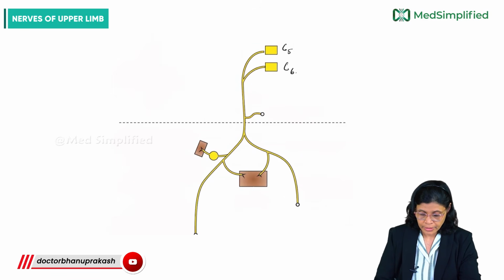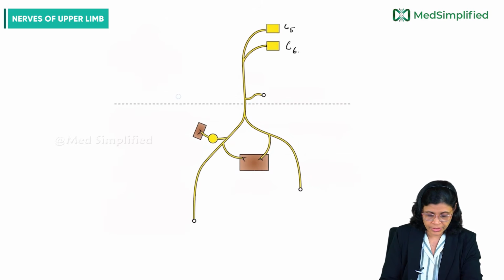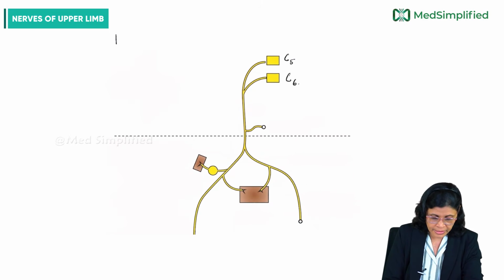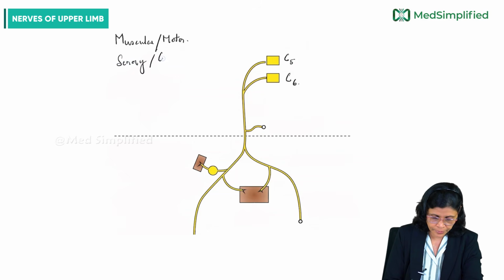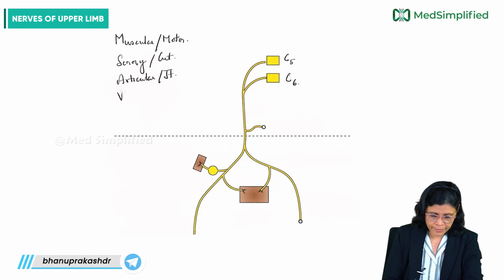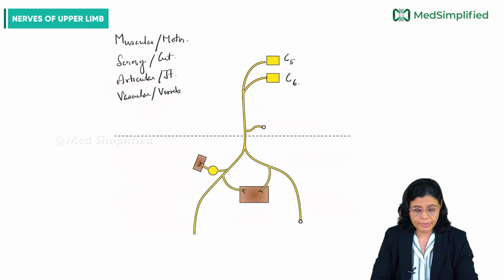Any nerve, when we look at its branches, gives muscular or motor branches, sensory or cutaneous branches, and also articular branches, that is to the joints, and vascular branches to the vessels. So usually a nerve gives all these branches.